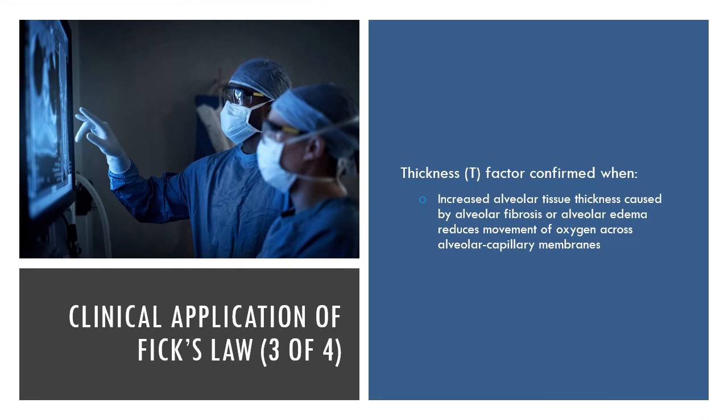And lastly, the thickness or T factor is confirmed in that an increased alveolar tissue thickness caused by alveolar fibrosis or pulmonary alveolar edema reduces the movement of oxygen across the alveolar capillary membrane.